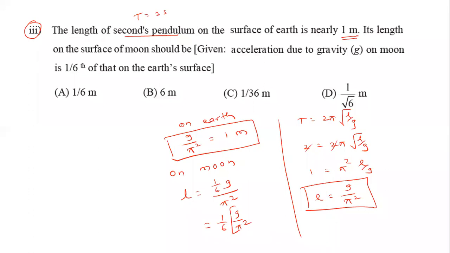And this g by pi square is given, it is 1. So 1 by 6 multiplied by 1 is 1 by 6. So 1 by 6 meter is the answer for length on moon. Therefore, option A is the right option for this question.